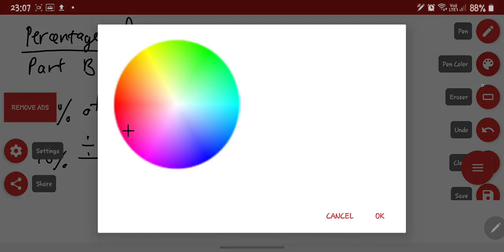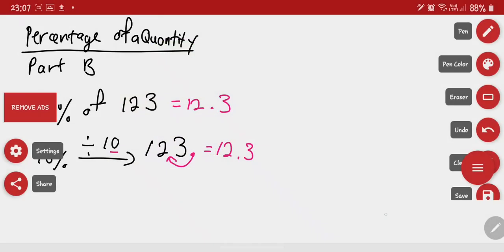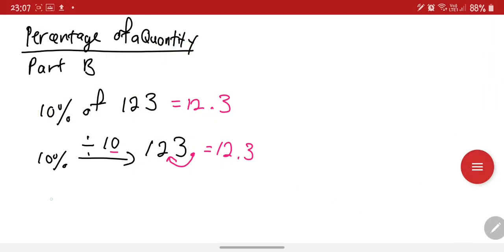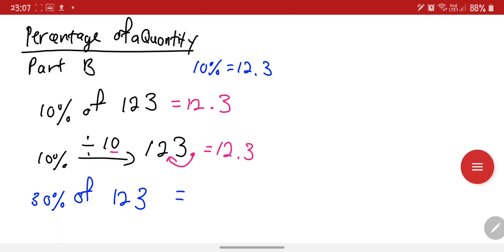If let's say you have a follow-up question that still uses the same number, for example, find 30% of 123. You already knew that 10% is equal to 12.3. For you to get 30%, we did this last year, I don't know if you remember or not.